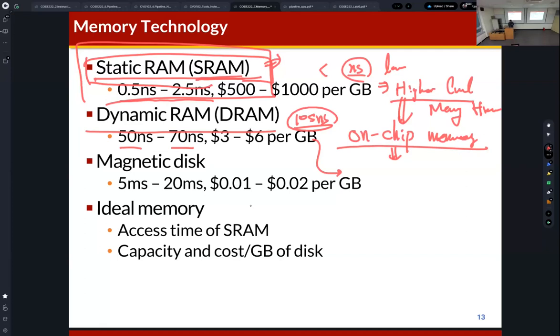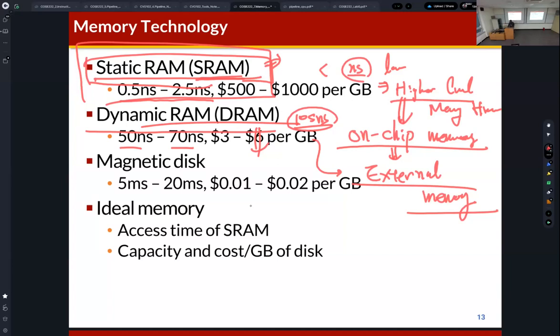So the DRAM is located outside of a chip. This memory is called the external memory. Also, the DRAM is slower than SRAM.